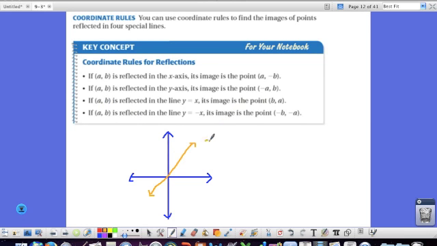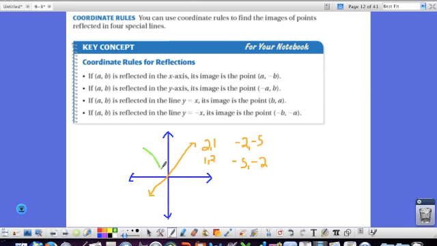So it would be like 2, 1 becomes 1, 2. Or -2, -5 would become -5, -2.